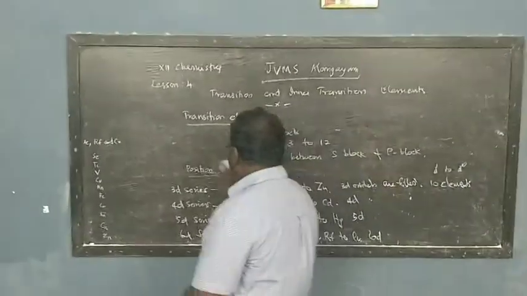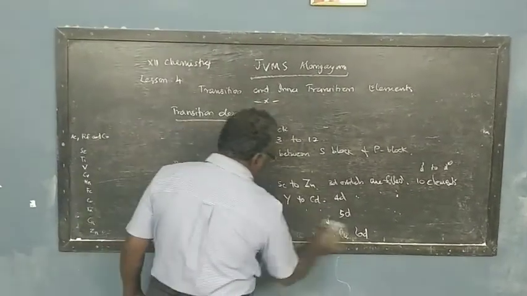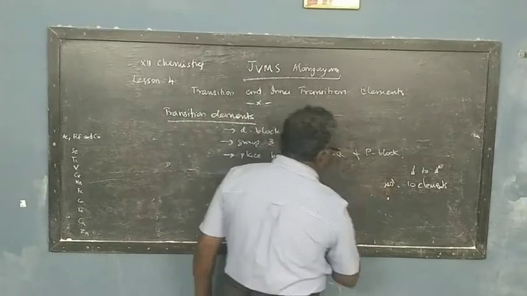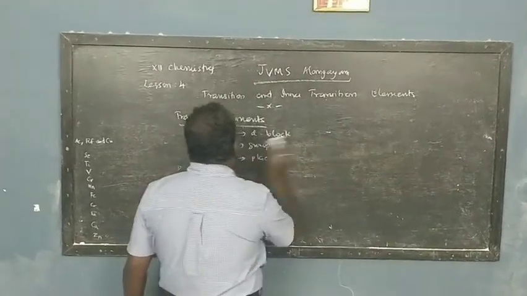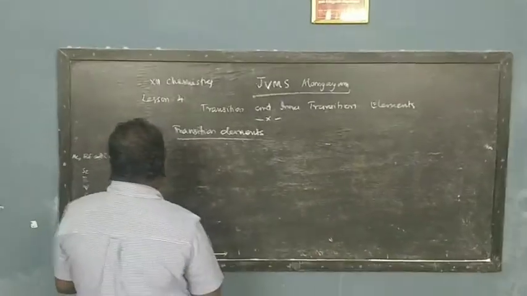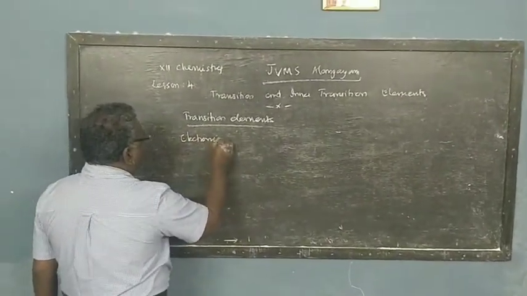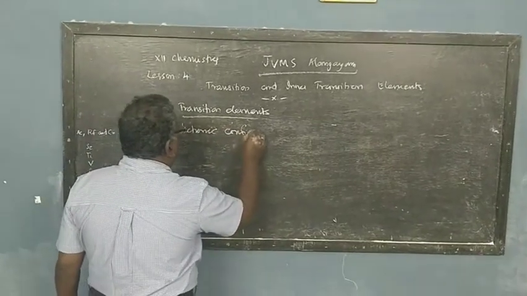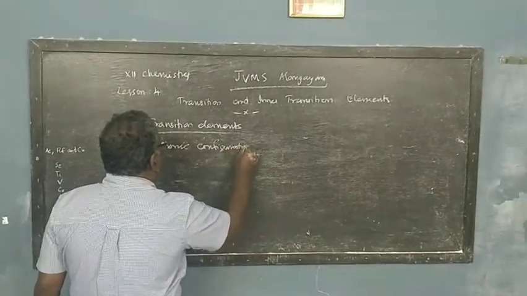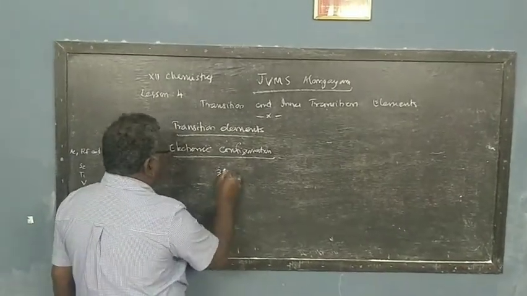The second aspect that we are going to learn is the electronic configuration, and it is very interesting to note. For example, we will take the 3d series.